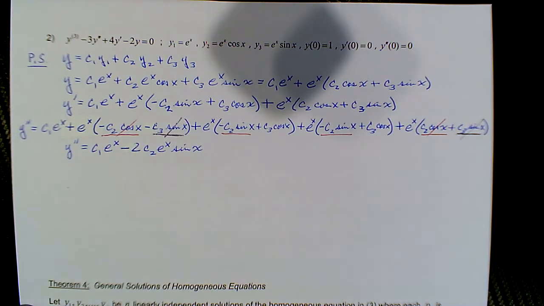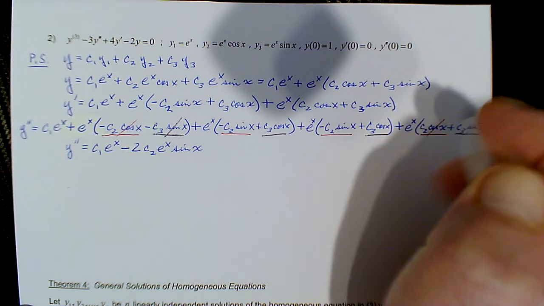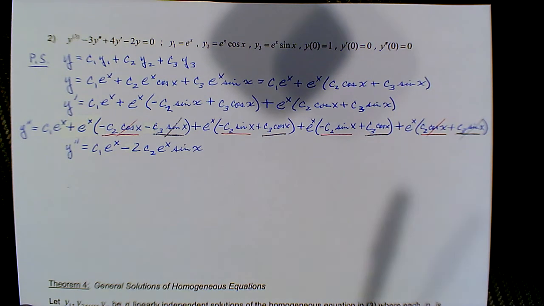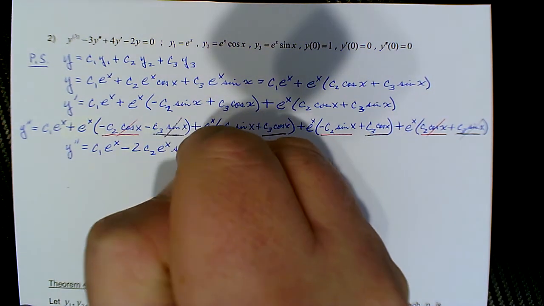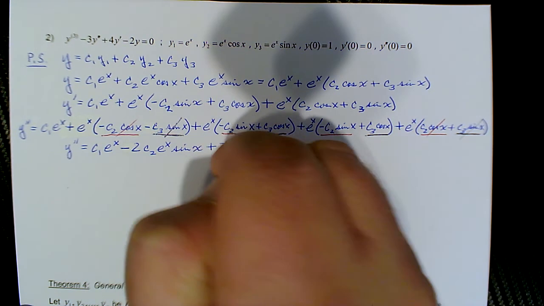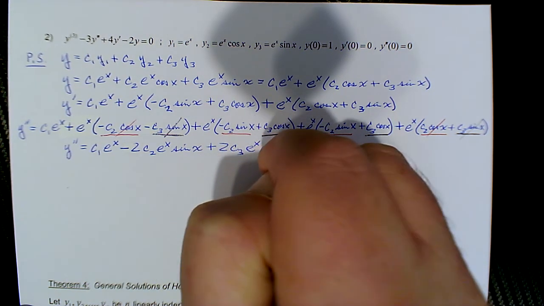And then we also have this C3 cosine and this C3 cosine to make two of them. And so that'll be plus 2 C3 e to the x cosine x. Alright, so that made it a little bit simpler.